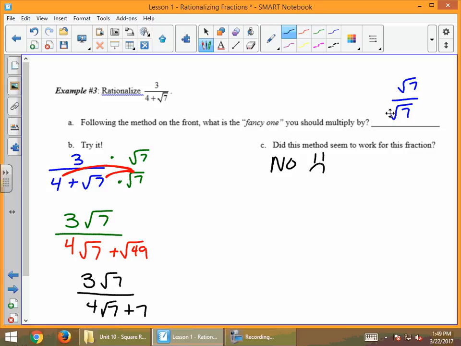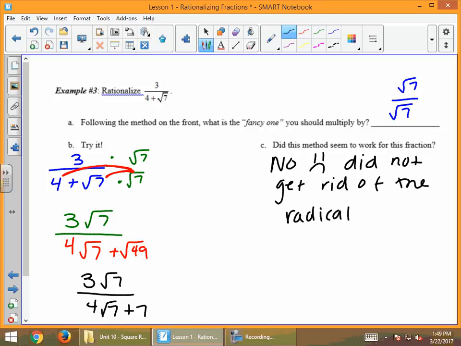There's still a radical in the denominator. Okay? Did not get rid of the radical in the denominator. Okay?